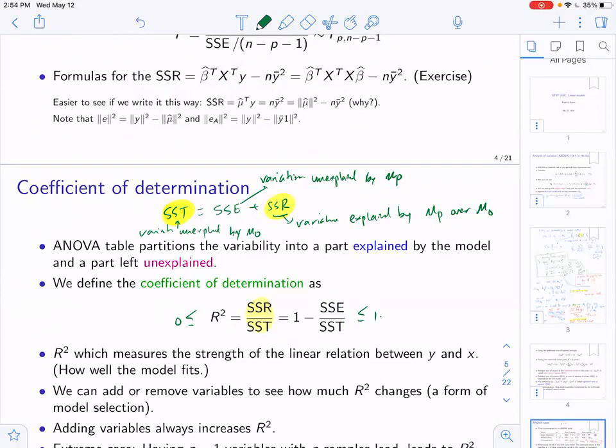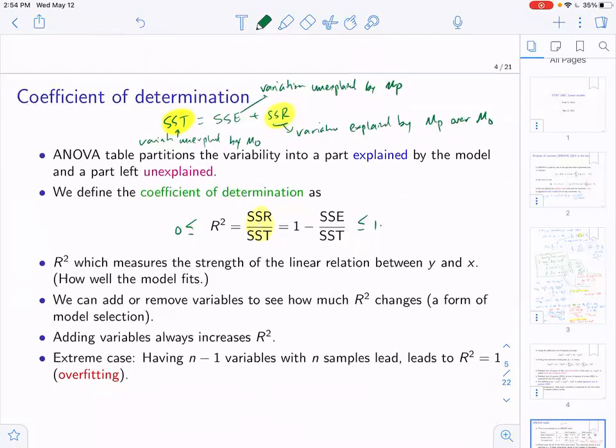So R squared measures the strength of the linear relation, how well the linear model fits the data. It doesn't tell you about the sizes of the coefficients, which could be small or large. It just tells you about the strength of the relation.